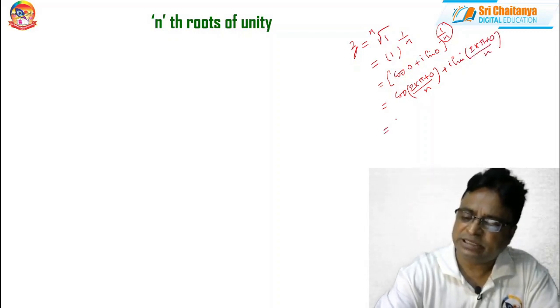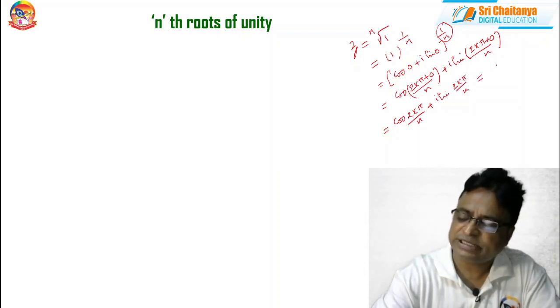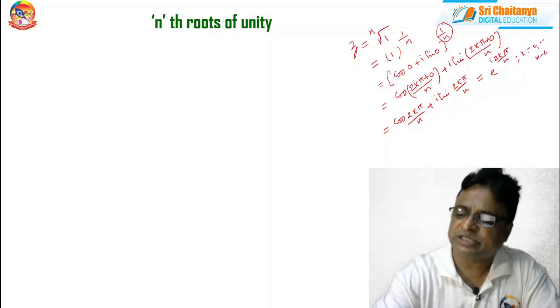Simply I can write it as cos 2k pi by n plus i sin 2k pi by n. This I can also write as e power i 2k pi by n, where k is equal to 0, 1, 2, 3 up to n minus 1.